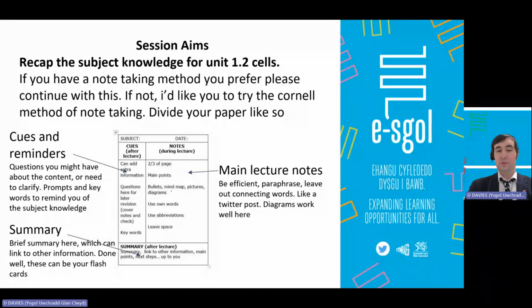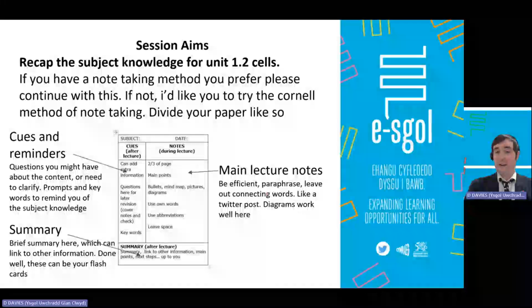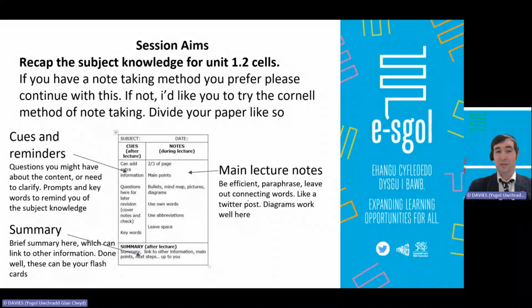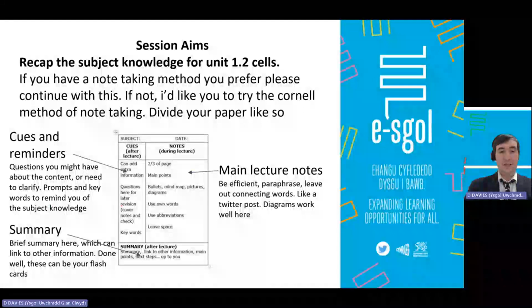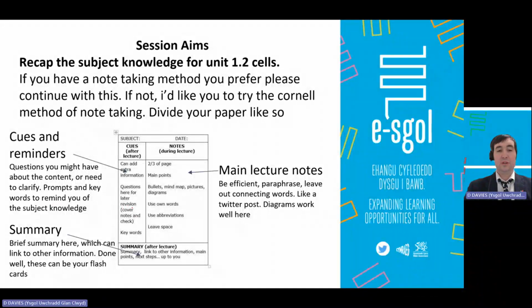So you've got two thirds of the page here. That's your main notes: the main things that are said, the main diagrams. Be efficient, paraphrase, leave out your connecting words. Try and make it short, like a Twitter post. Then on this side here are the cues and reminders, stuff that will remind you of what's on this side.